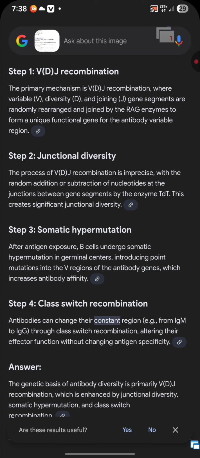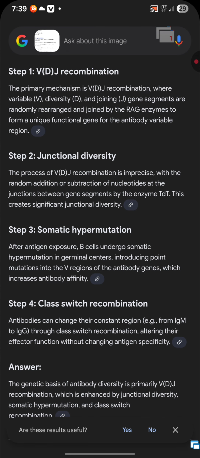Antibodies can change their constant region, e.g., from IgM to IgG, through class switch recombination, altering their effector function without changing antigen specificity. Answer. The genetic basis of antibody diversity is primarily V-D-J recombination, which is enhanced by junctional diversity, somatic hypermutation, and class switch recombination.